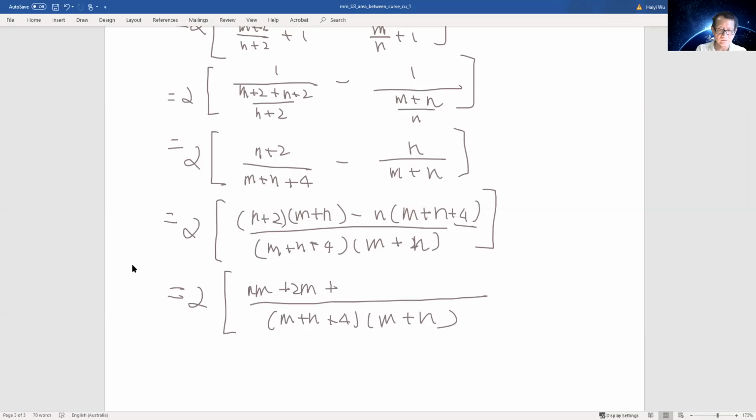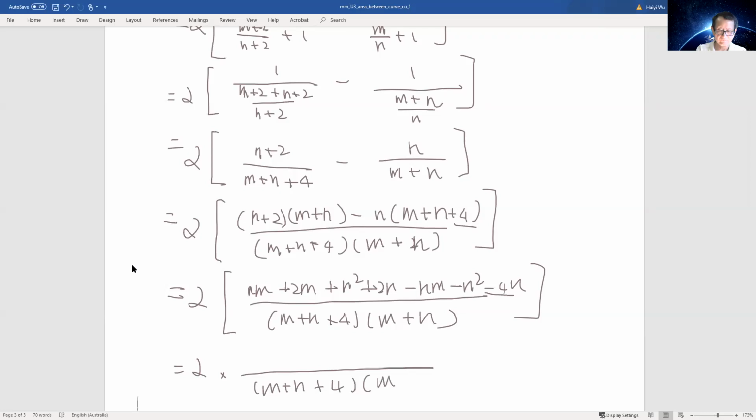So then n squared plus 2n again, minus nm minus n squared minus 4n. So equal. It's very long, isn't it? m plus n, sorry, this is n.